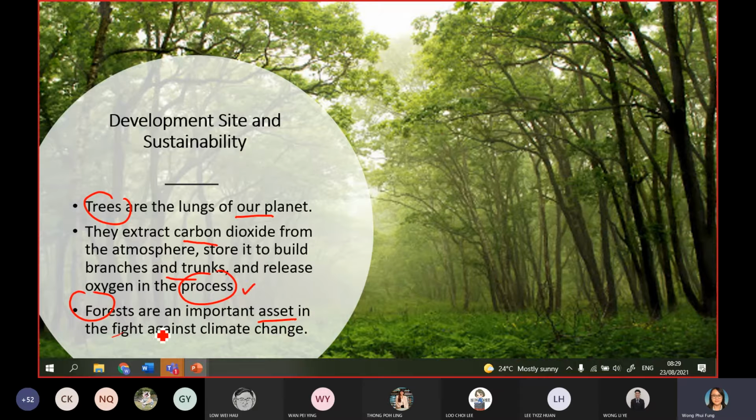That is what we mean by forests being very important to fight climate change. On the other side, human life also depends on forests and on green. Don't tell me none of you eat vegetables. You all eat vegetables, correct? So we all depend on them for our livelihood.